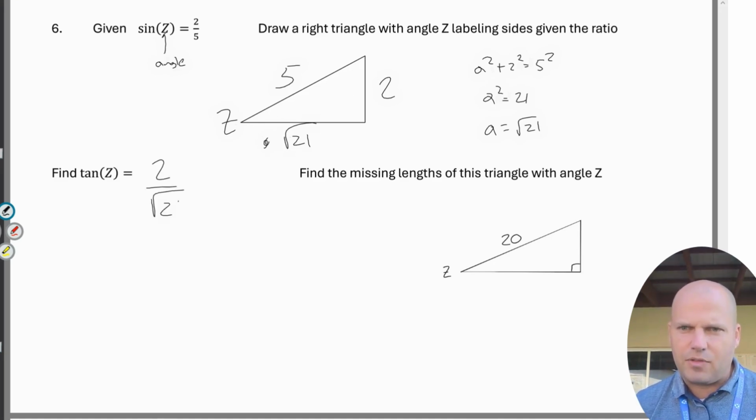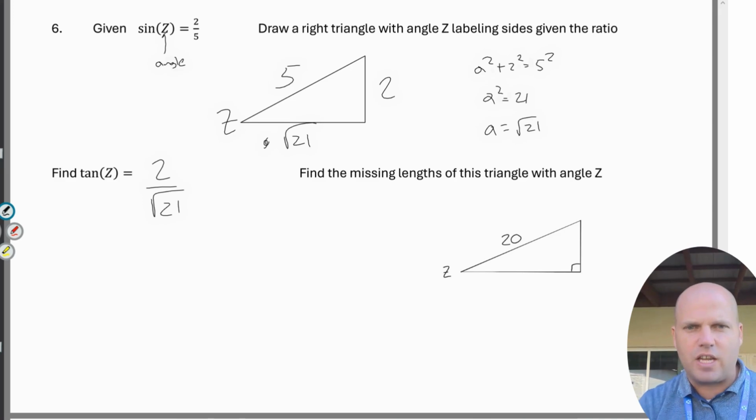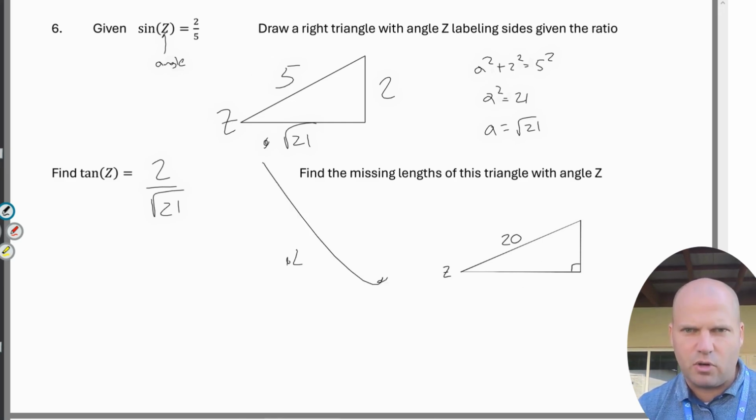Now, what's great about this is that for any triangle with this angle Z, all these ratios must be the same, or else they're not the same shape. They're not similar triangles. If I asked you what these lengths are, easy: scale this, multiply by 4.